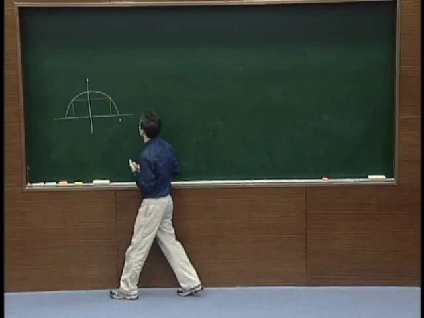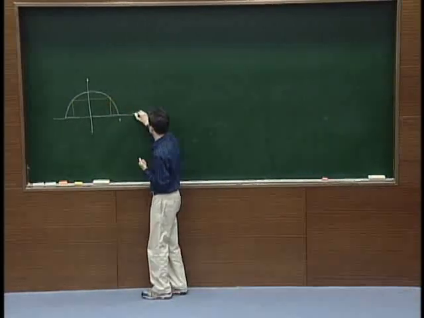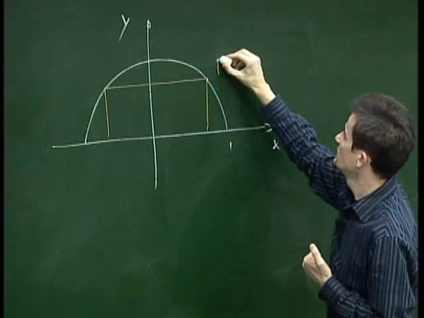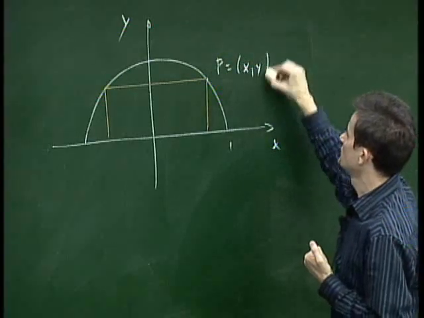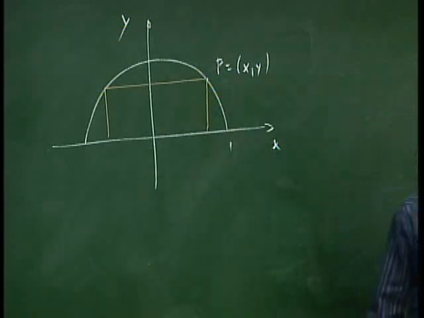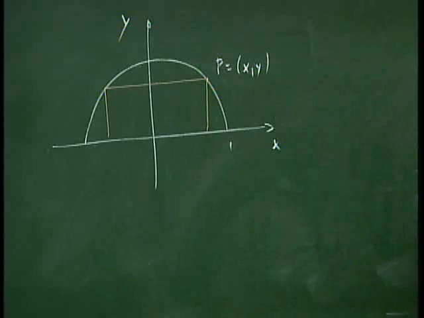Since we have placed the coordinate system like this here, we assume that this point here is equal to (x, y). And now, of course, you can set up the problem. The area is equal to 2x times y, and for x and y you have that x squared plus y squared is equal to 1.